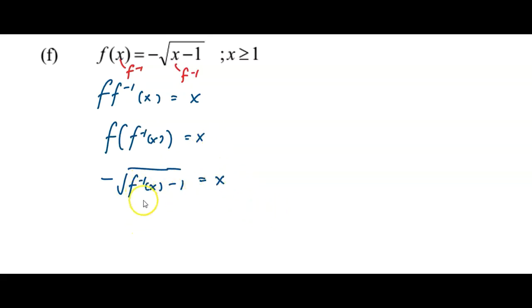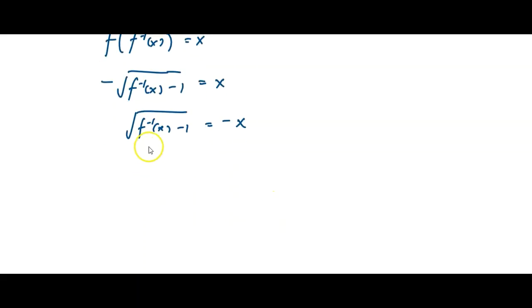After that, I'm going to make f inverse the subject. I will multiply both sides by negative 1 first, so I get negative x on the right side. To eliminate the square root, I will square both sides.